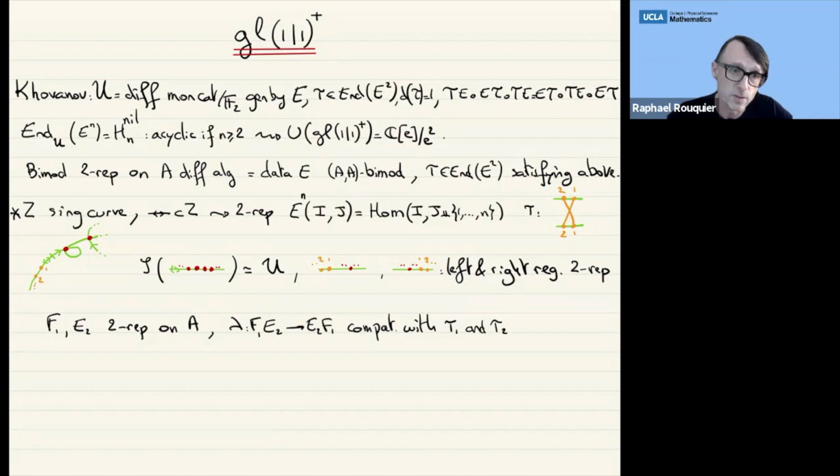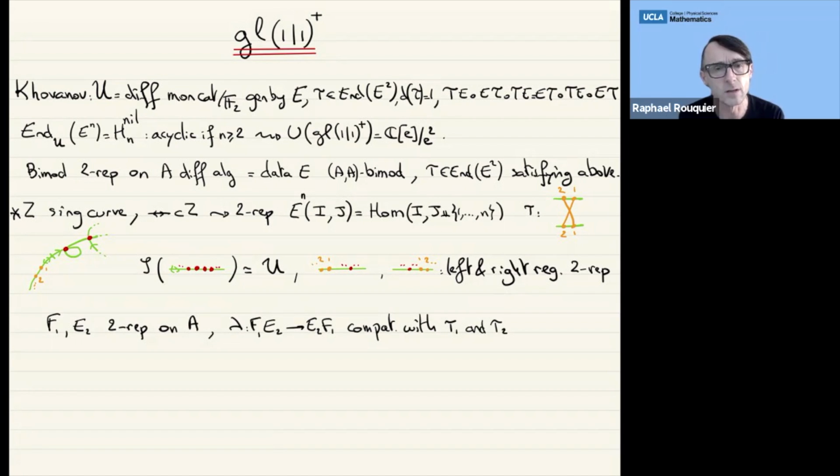So if you start with your differential algebra, and if you have F1 and F2 giving structures of 2 representations, we would want to construct, as I explained earlier, without giving a definition, a new differential algebra, or possibly with an action. So we're doing that in the Slack setting.